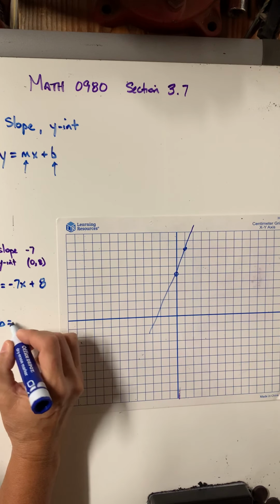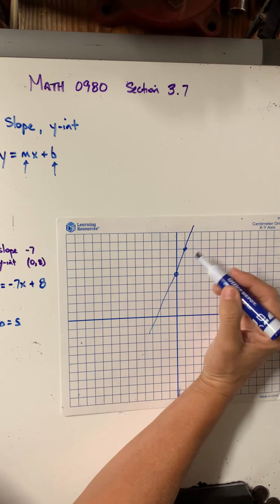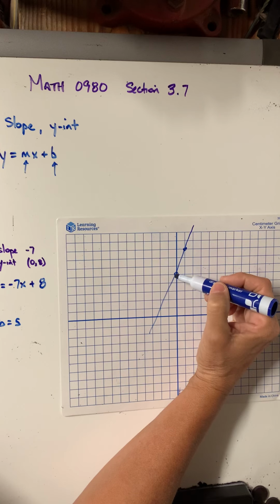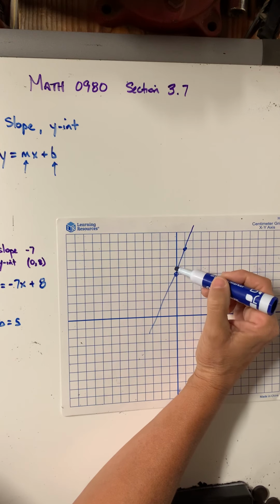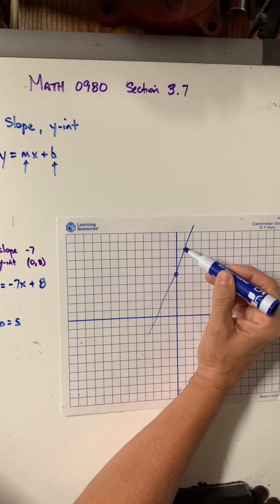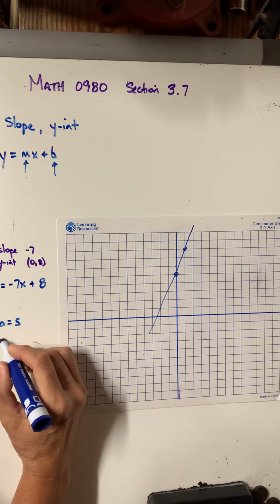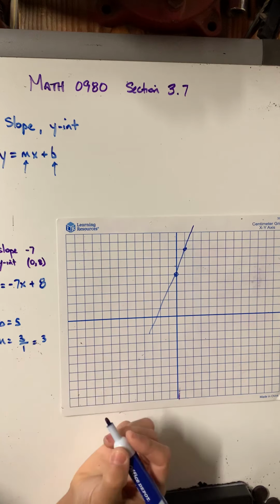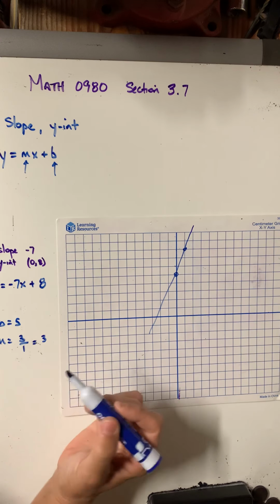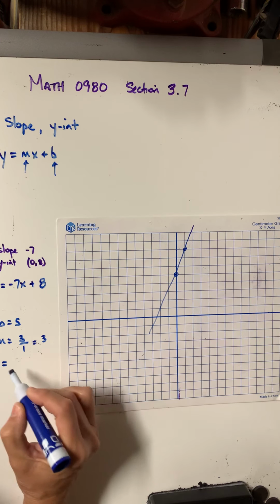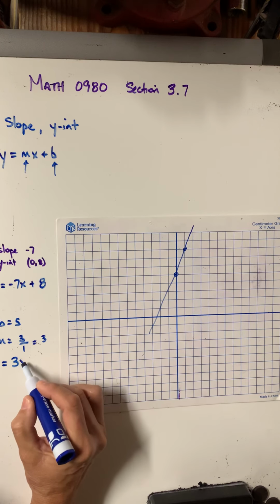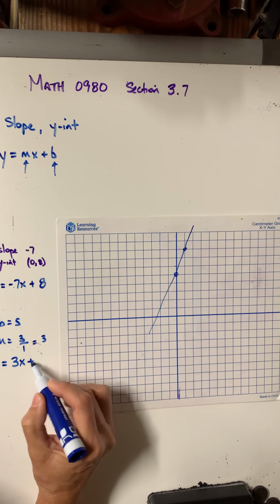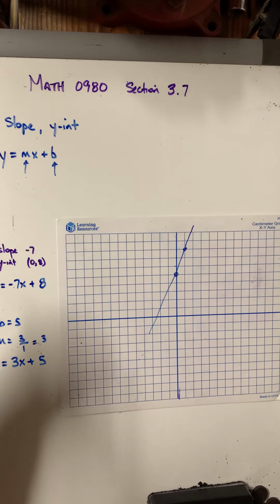So b is 5, and my slope we learned how to do in a previous homework assignment. From this point, I could just count up 1, 2, 3, and over 1. So my slope is 3 over 1, which simplifies to just 3. So if I have the slope and the y-intercept, then my equation is y equals 3x plus 5, and that's my answer.